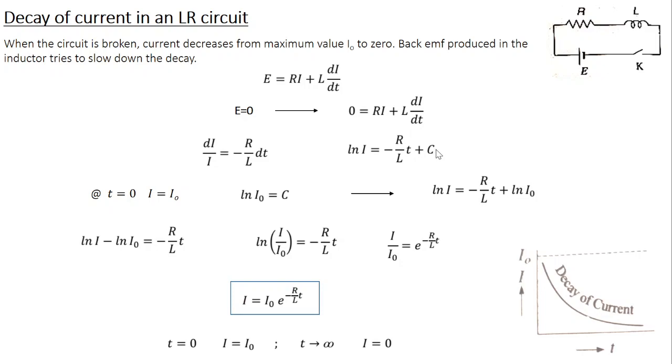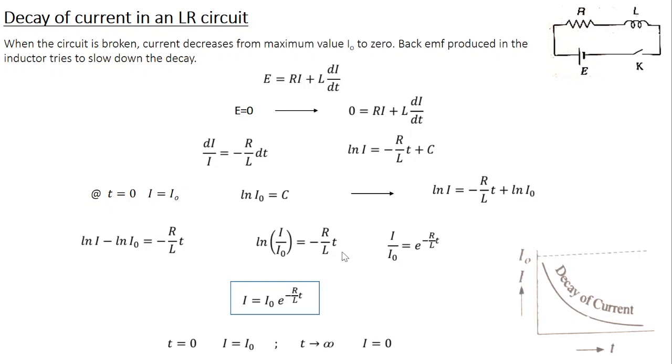Substitute for c in this equation, you get ln I equal to minus R by L into t plus ln I naught. Bring together the logarithm terms, you get ln I minus ln I naught equal to minus R by L into t, or ln I by I naught equal to minus R by L into t.